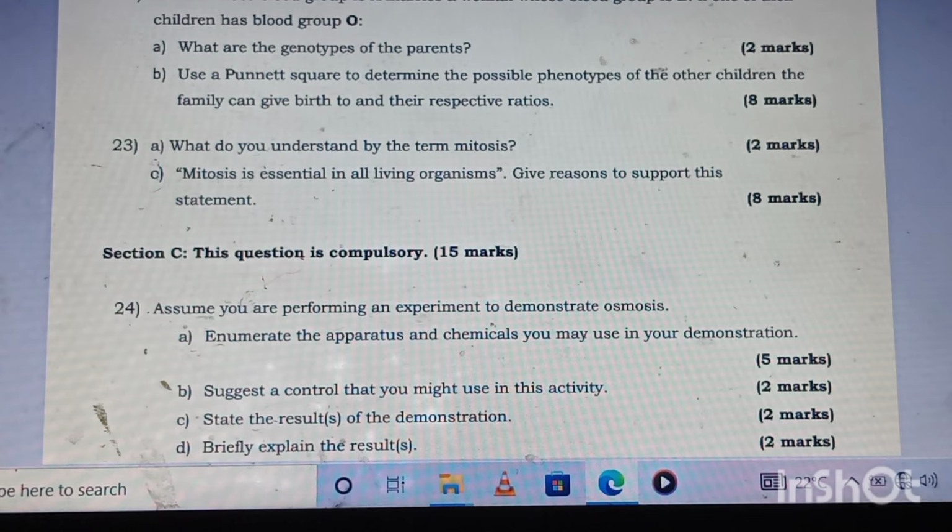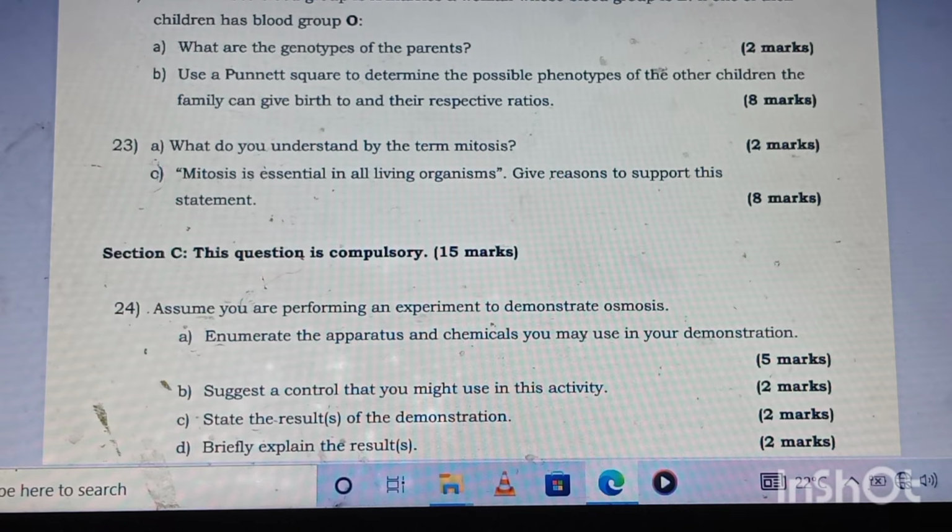For that question, you must try to understand the definition of osmosis, because osmosis is the movement of water from the region of high concentration to the region of low concentration. When you make that demonstration, you try to understand the apparatus you may use.